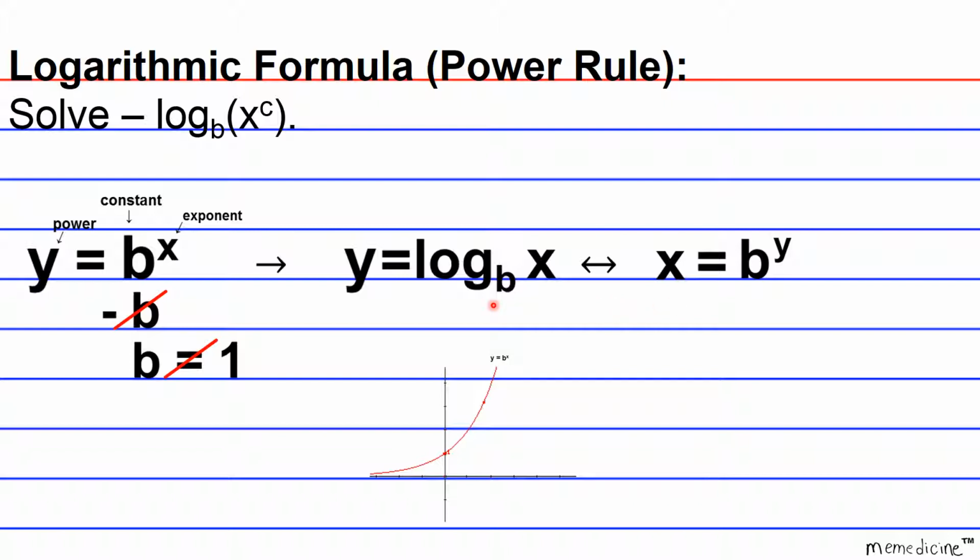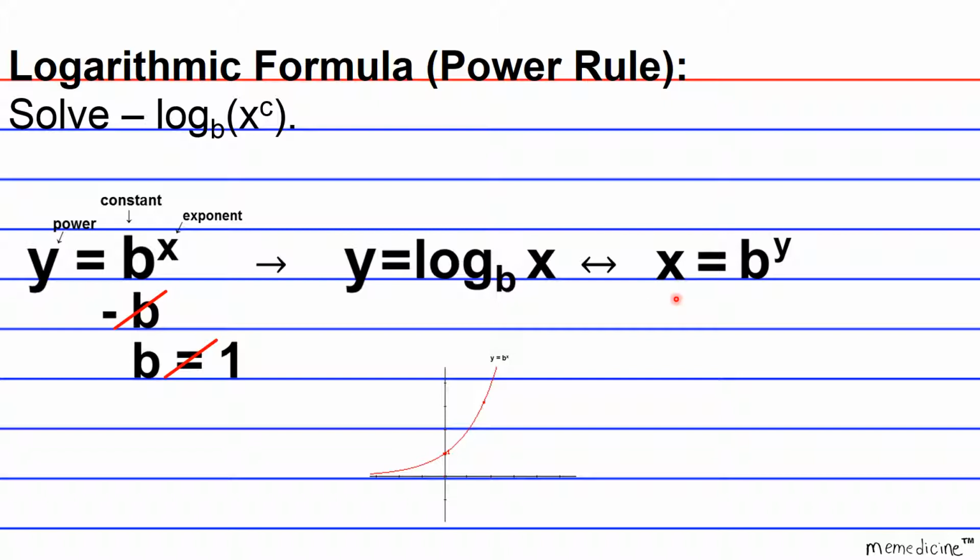And remember that algebraically, in order to yield the inverse function of your starting function, what we're going to do is switch the independent and dependent variables, hence yielding this expression. Or simply put, we switch the position of the x and y values.